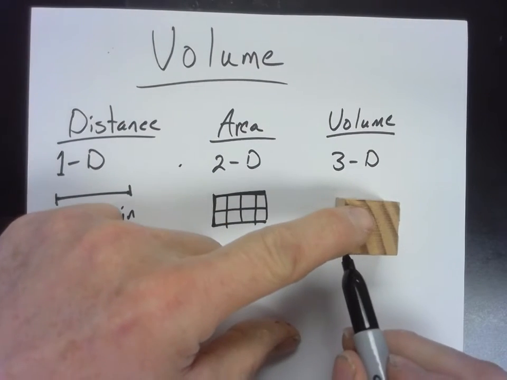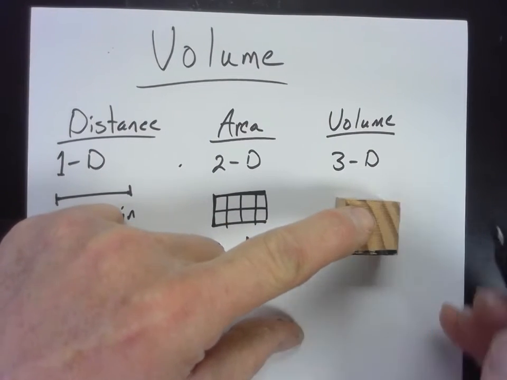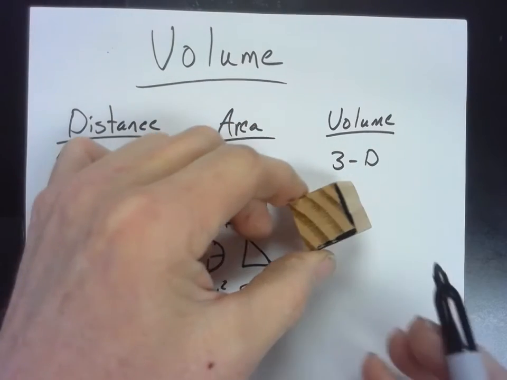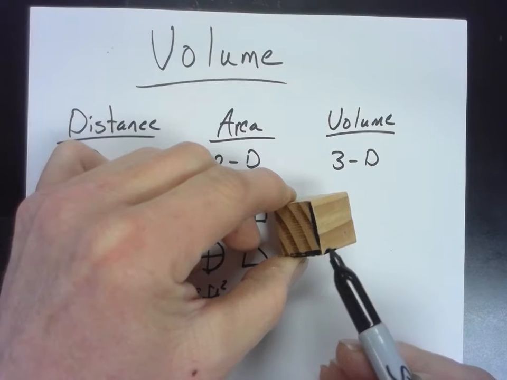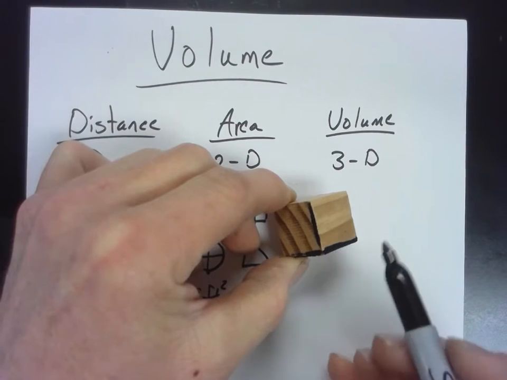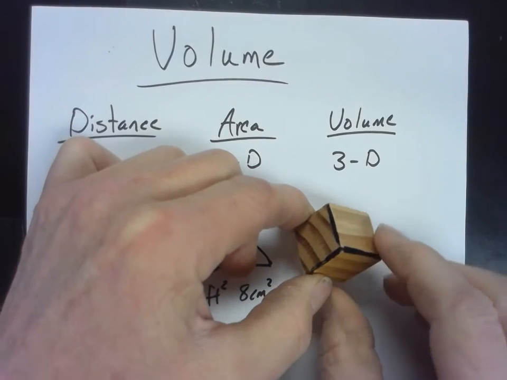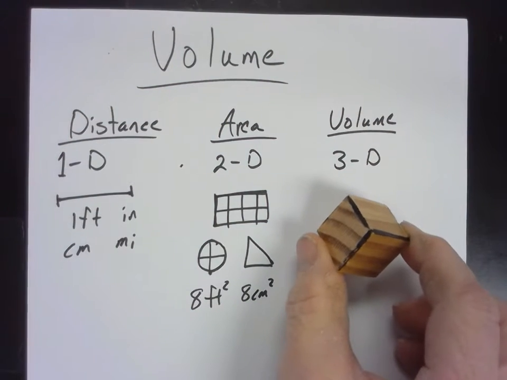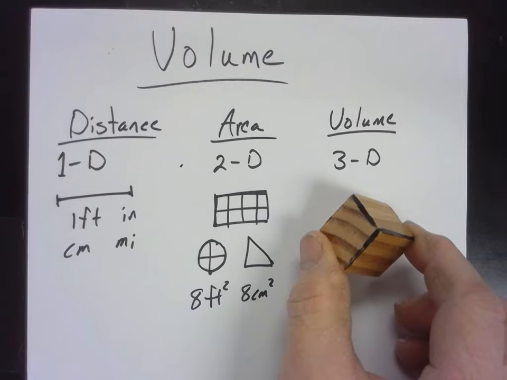Now we have a width, we have a length, but we also have a depth. So you can see all 3 of those dimensions, can't you? And can I pick it up? Right. I can get a hold of it, can't I?